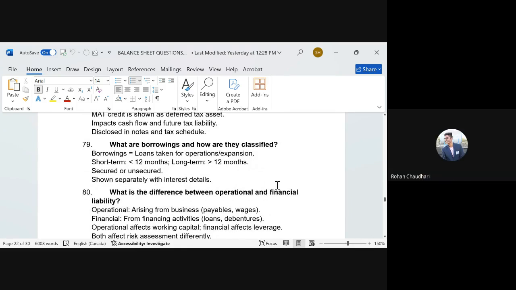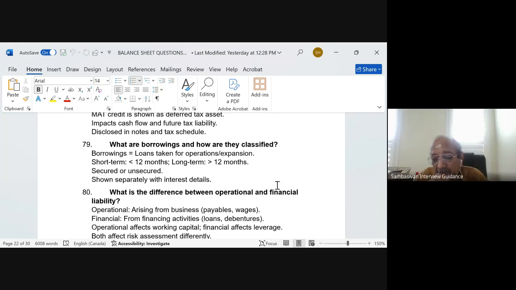Question number 79. What are borrowings and how are they classified? Borrowings are loans taken for operations or for expansion. Short-term borrowings are less than 12 months and long-term borrowings are greater than 12 months. They are in secured and unsecured format and shown separately with interest details.